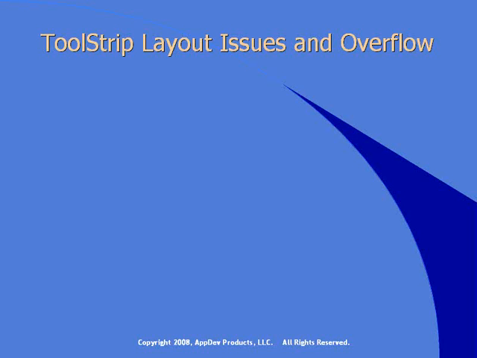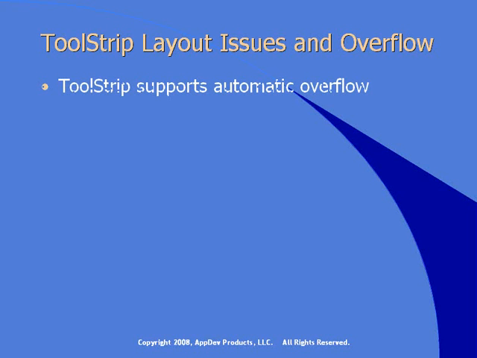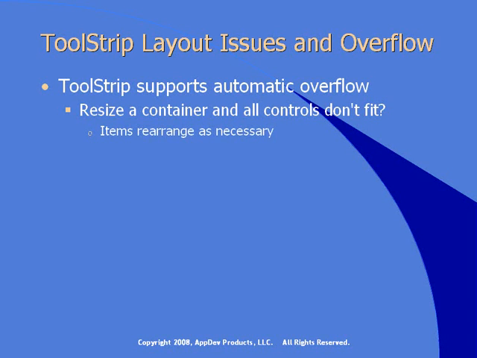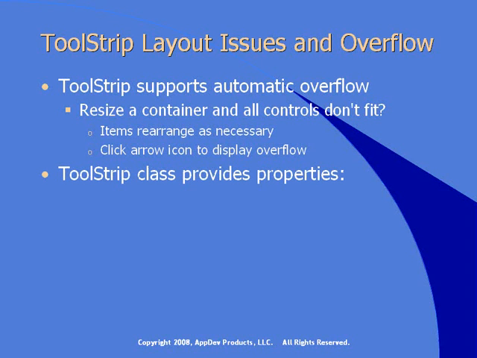There are issues involved with layout and overflow on the ToolStrip control. The ToolStrip does support automatic overflow, so that if you resize a container and all the controls no longer fit, items rearrange as necessary. You can also click the arrow icon on the ToolStrip to display the overflow controls. The ToolStrip class provides some properties you can use to help.